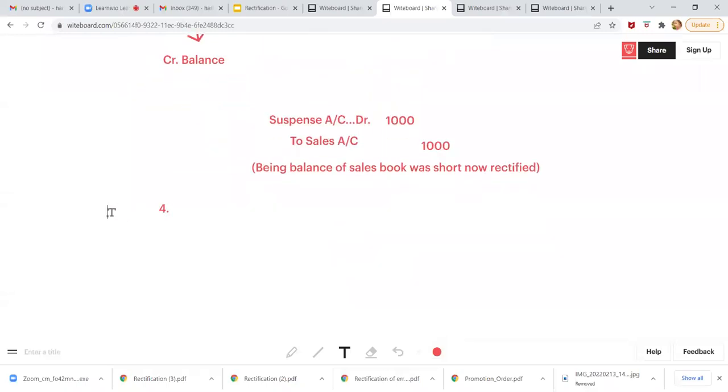So here we have sales return book is carried forward short by 100 rupees, right? So first tell me, what is the balance of sales return book?